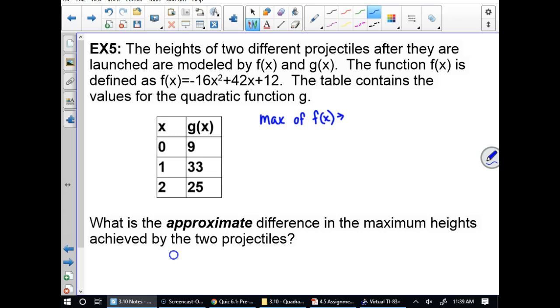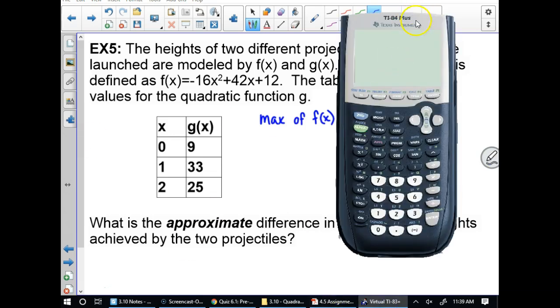But I think that I actually prefer not to use the calculator on this one, because I can find the maximum by finding the vertex. And to do the vertex, I could do negative b over 2a, which for this problem is negative 42 over 2 times negative 16. Okay?